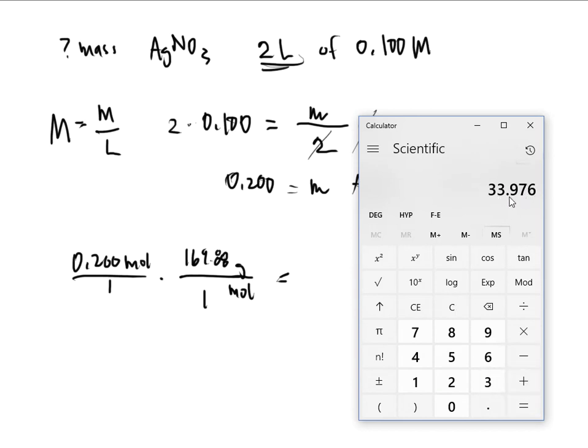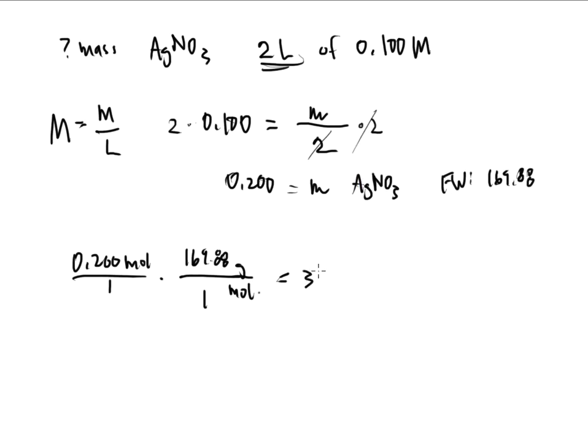We're going to round it to 33.98 grams of silver nitrate that I would need to weigh out on a scale and dissolve in 2 liters. Mix it up, make sure it's completely dissolved, and now I've got my 0.1 molarity solution. But sig fig wise, they'd probably want you to round it off to 3, so this would go to 34.0 even. Again, who cares about sig figs for now? Look at your process, make sure that you understand how to solve these.